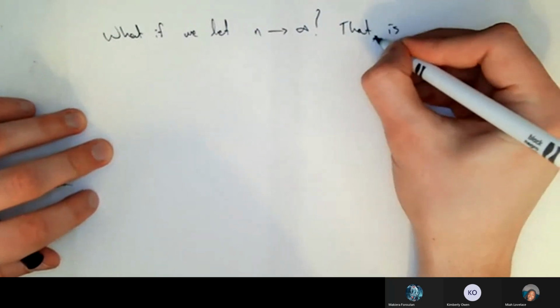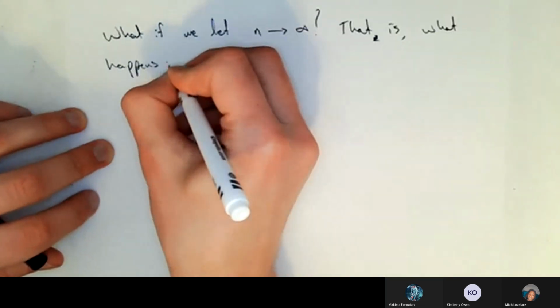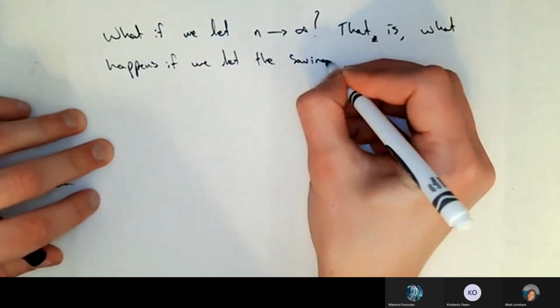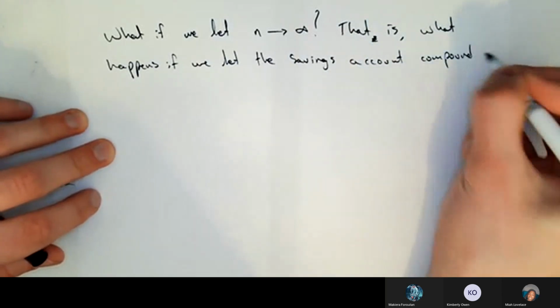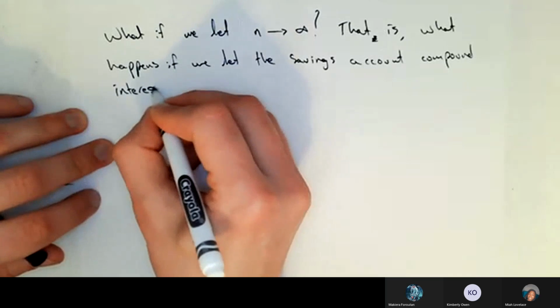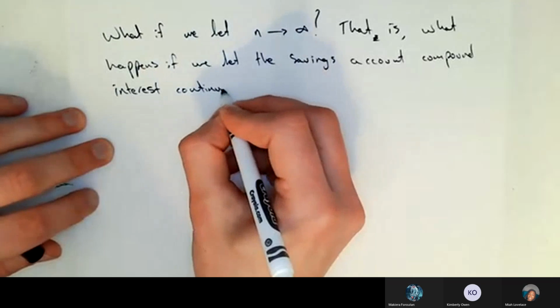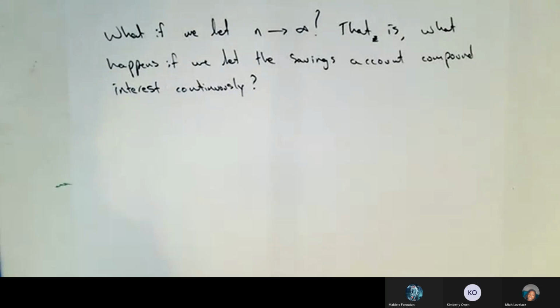What happens if we let it compound interest continuously? We do not reach infinite money, right? That's kind of what I just showed. I didn't really show it, but I at least showed you how it's going at a decreasing rate.